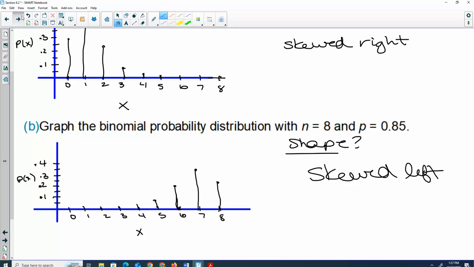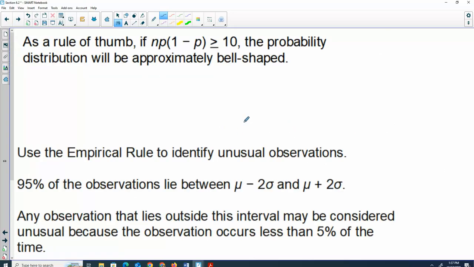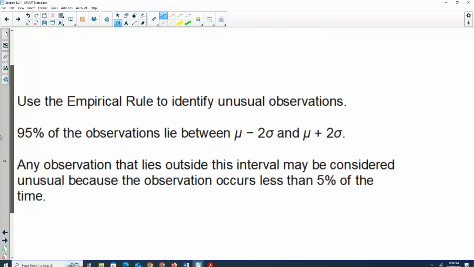All right, the last little tidbit in this isn't something we're going to use a whole lot yet, but it will be a big deal in the next unit. In general, anytime n times p times 1 minus p is bigger than 10, the distribution turns out to be bell-shaped. When you get enough data, it starts creating this bell-shaped graph. If that were the case, then the empirical rule can be used.